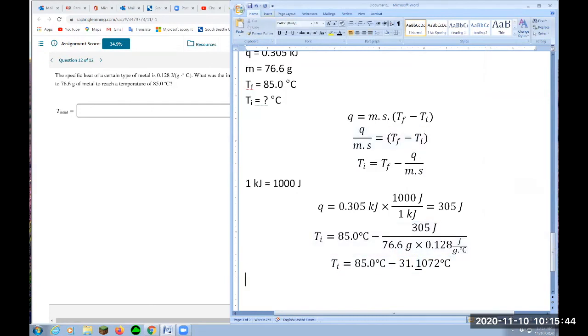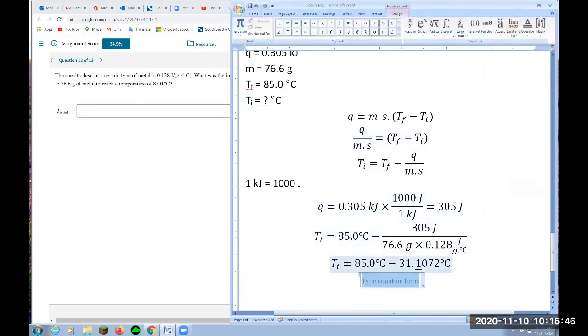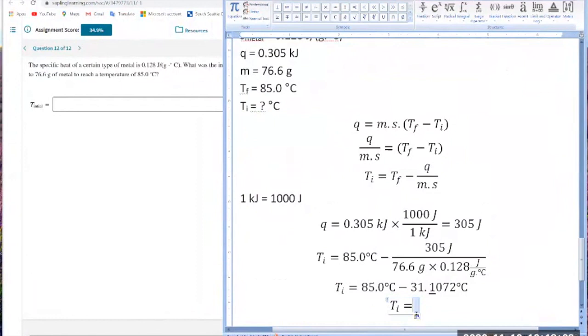So now Ti is equal to, in the calculator, you do 85 minus 31.1072, because it's an intermediate answer for the temperature there. You want to keep as many digits as your calculator gives. And the calculator answer is this in my case.